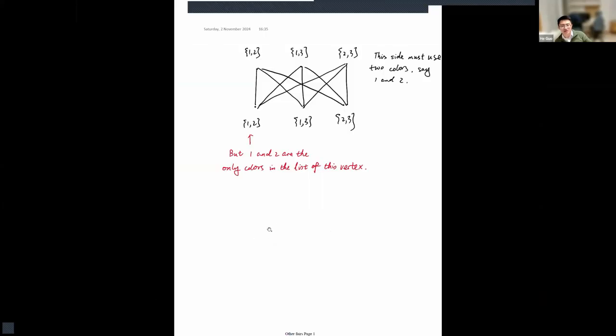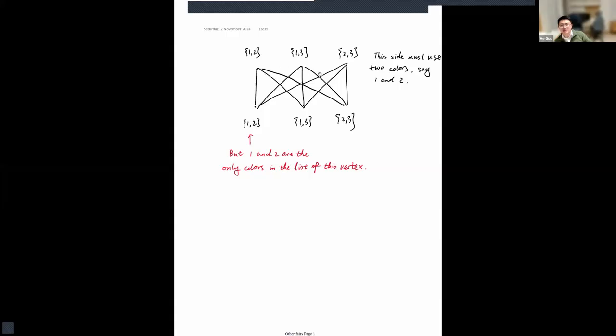And here is the short proof. Assume this is your K33, and the list you assign to this vertex is 1 and 2, this one 1 and 3, this one 2 and 3. They are just all the subsets of 3 choose 2, similarly for the other side.